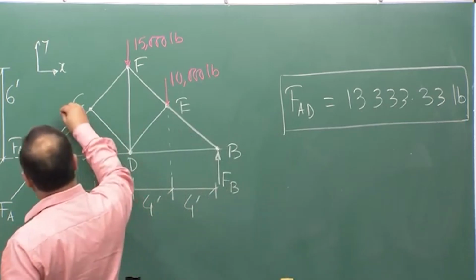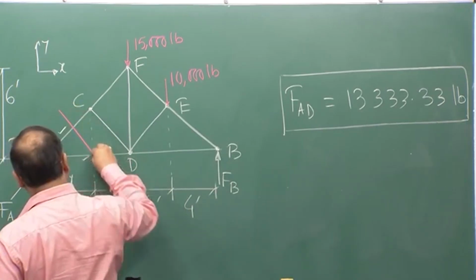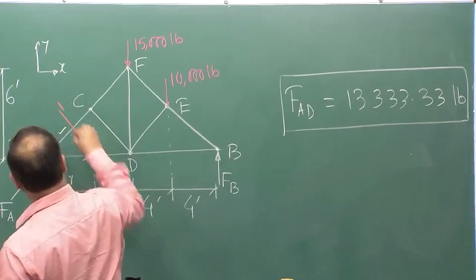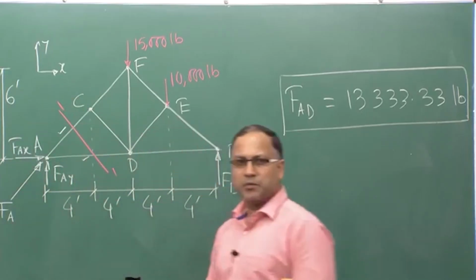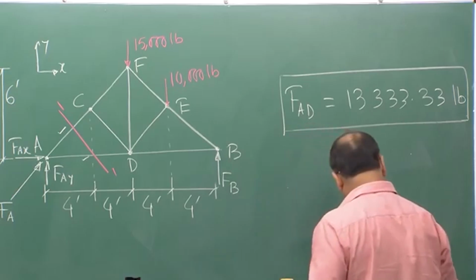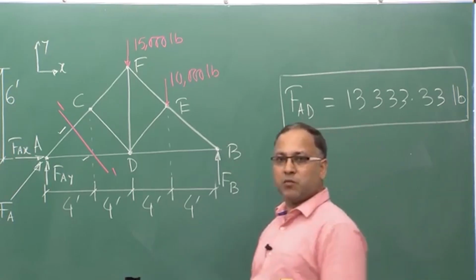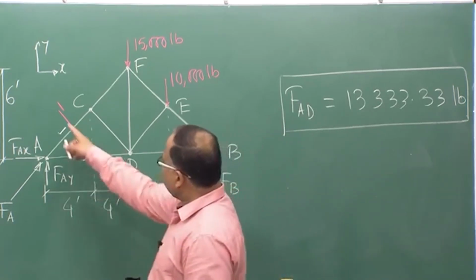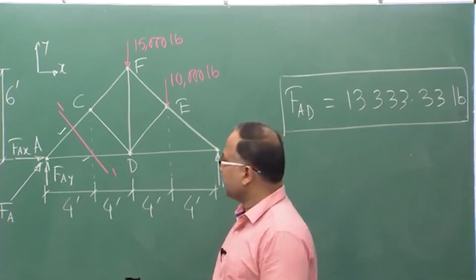So, what you will do? You take one section, suppose this is your section 1-1. Okay. I am just telling you how to do that. I am not going to solve the whole problem. So, you can solve by yourself. So, I am taking one section 1-1 like this.